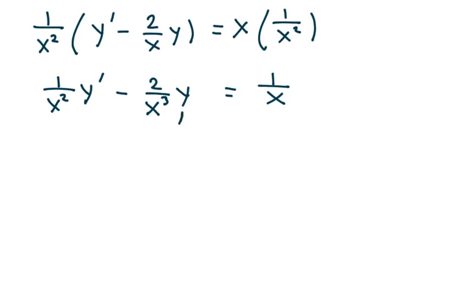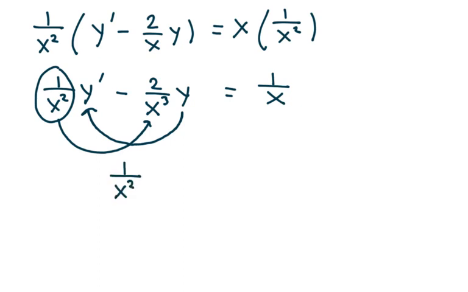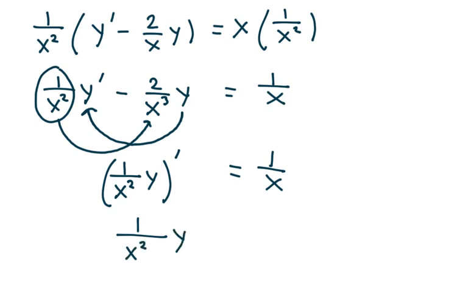So notice how the derivative of y is y prime. I claim the derivative of 1 over x squared will be negative 2 over x cubed. So on the left side, I'm going to write this as the derivative of 1 over x squared times y. They follow the same pattern. On the right side, I get 1 over x. So 1 over x squared times y is the integral of 1 over x dx.